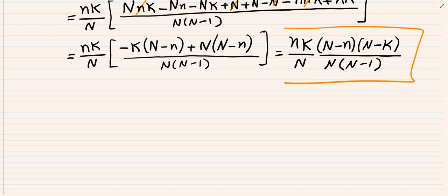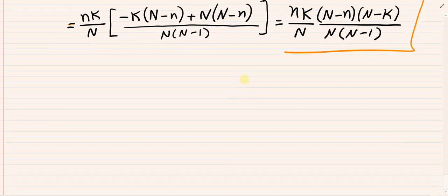Now, if you recall the variance of a binomial, this is just on the side now, we're done with what we wanted to do, but for the binomial, the variance was np(1 minus p), right?